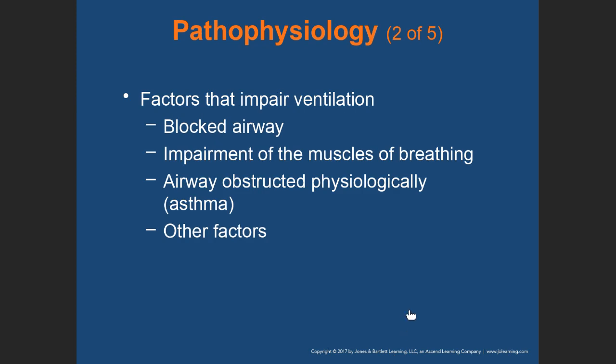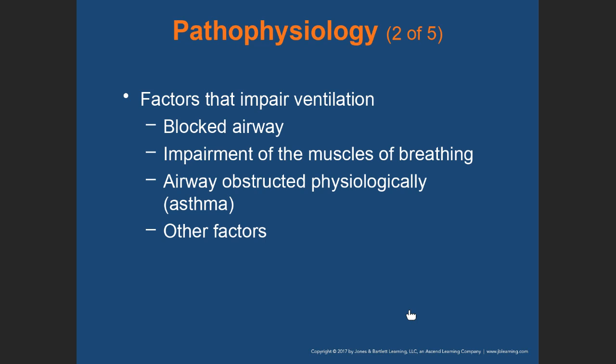Now, factors that can impair ventilation: a blocked airway. When you're thinking about a patient's airway being obstructed or blocked, the first thing you will consider is the tongue. Think about the tongue obstructing the airway. That's the first thing we need to rule in or rule out. There are other things that can cause problems.